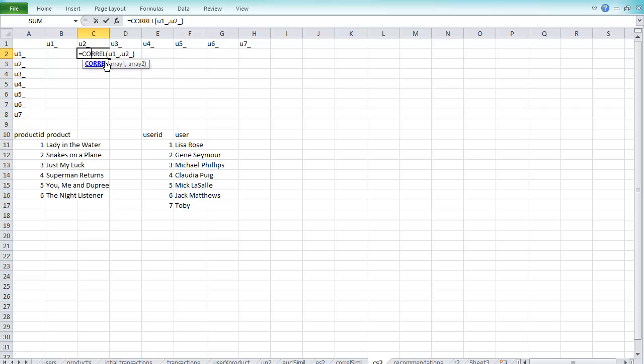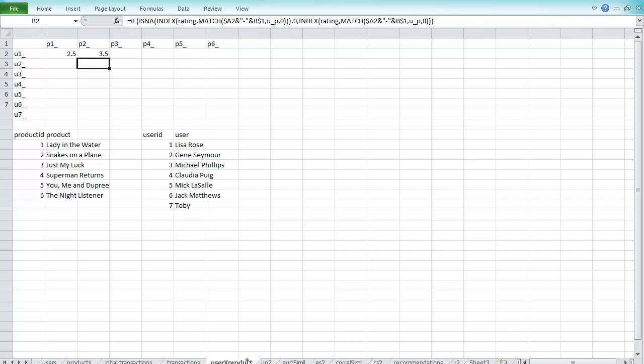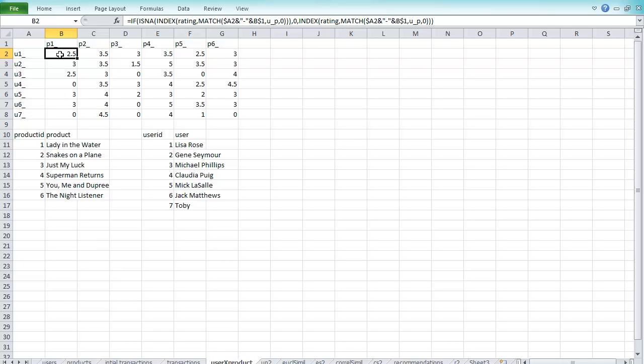The reason it did it that easily is because if we go back to this table here, this block is called U1 underscore, and this block is called U2 underscore. So if I take a correlation between them, it just simply shows the correlation between the 2 graders. Okay, so that works just fine.